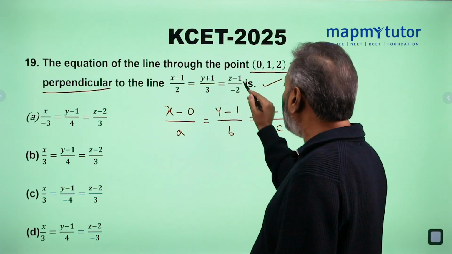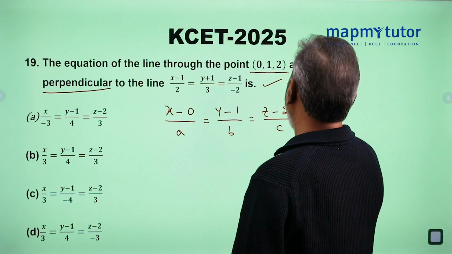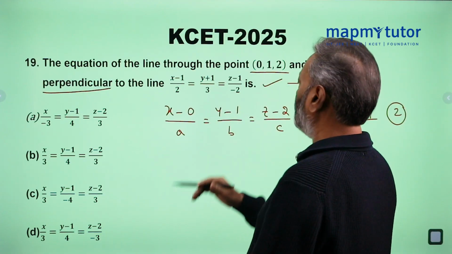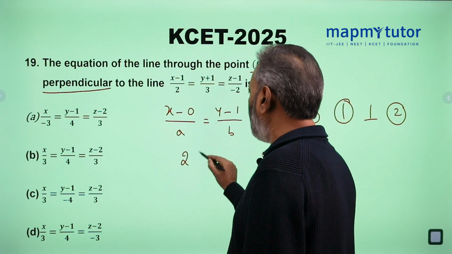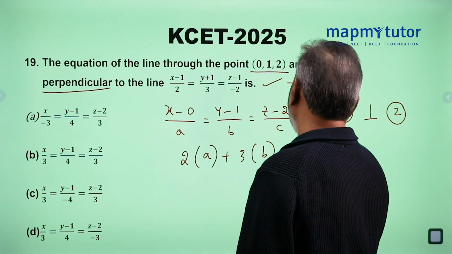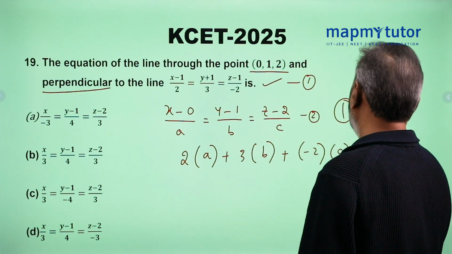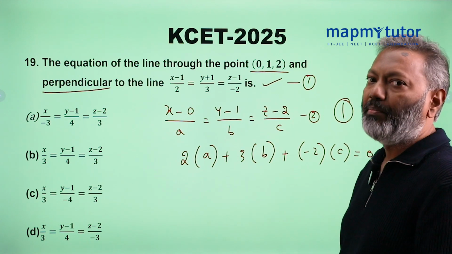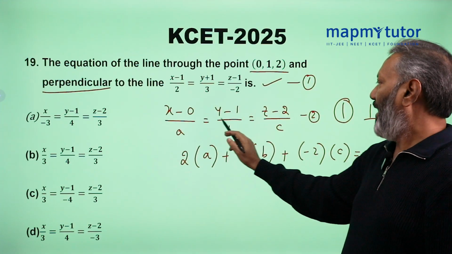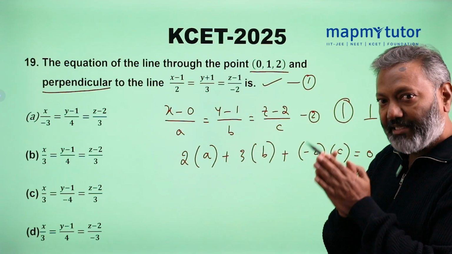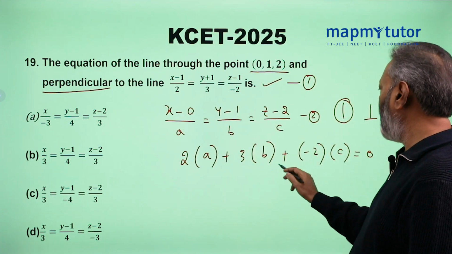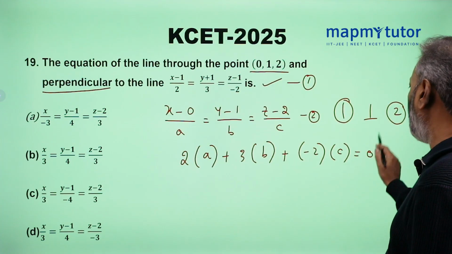But these two lines are perpendicular. The first line and your required line are perpendicular to each other. That means they have to satisfy this condition. I think you can identify this formula. What is that formula? Simple. If A1, B1, C1 are the DRs of the first line and A2, B2, C2 are the DRs of the second line, then A1 A2, that is 2 into a, plus B1 B2, 3 into b, plus C1 C2, minus 2 into c, must be 0.